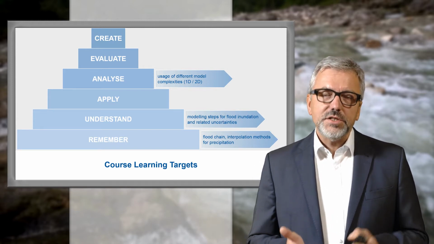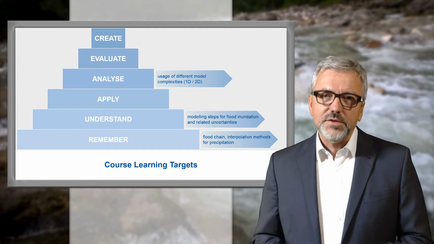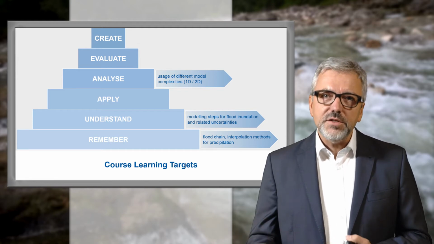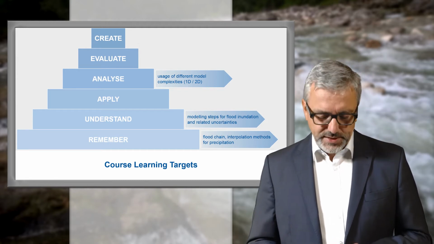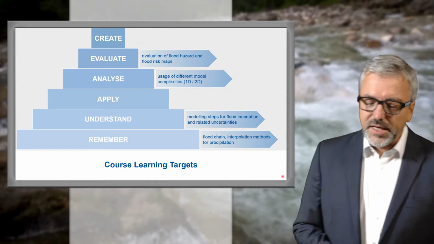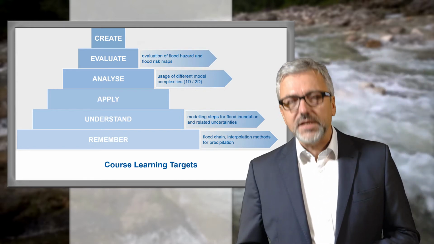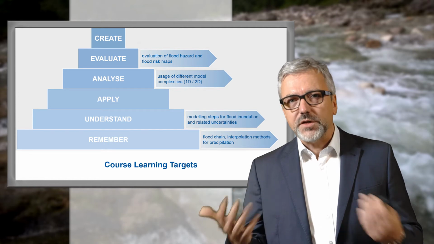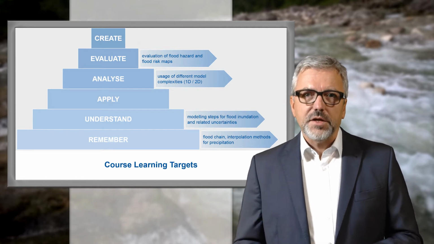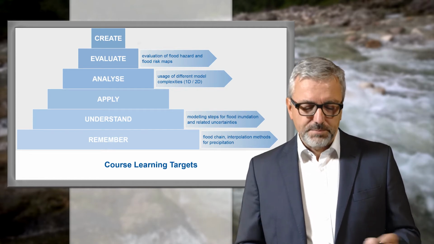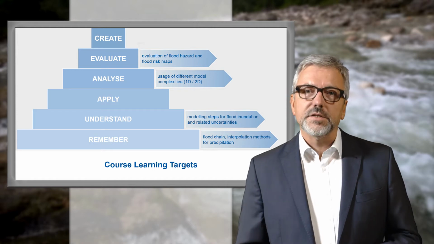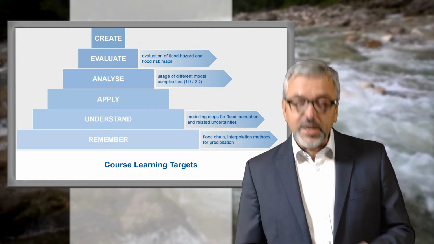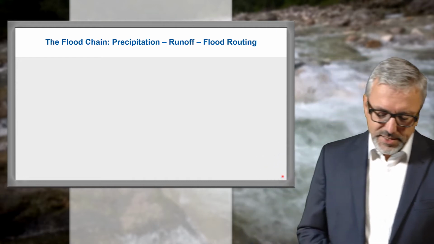You should differentiate between 1D and 2D models and which model you can use for different purposes. And last but not least, you can evaluate flood hazard and flood risk maps concerning their reliability and whether they are useful for further analysis, for instance.